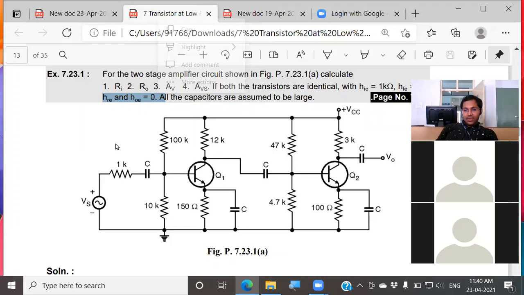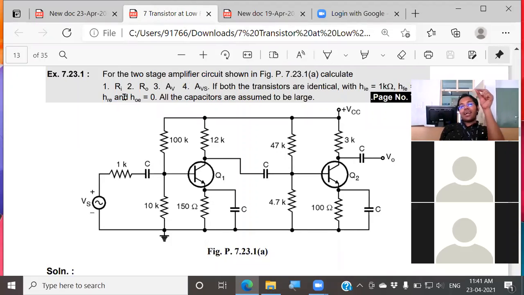Approximate analysis. Correct, very good. Do I need to check the condition hoe RL is less than 0.1 or not? Directly they said hoe is 0, so no. Even if you check, hoe times RL, 0 into anything is 0. Unlike the previous problem, where we had to find the load resistance for the first stage and the second stage, we don't need to do that because hoe is 0.